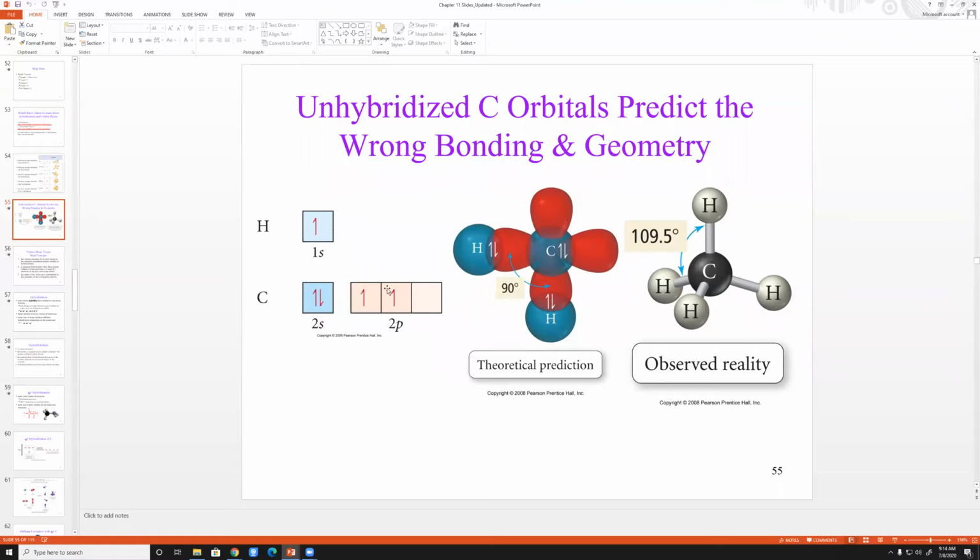So it can accept electrons here and here, and only 2. But that's not true because of hybridization. Like we saw, you'd have 4 separate hybridized orbitals, sp3, so then it can actually accept 4 hydrogens, which is the observed reality right here. And then you'd have a tetrahedral methane molecule that we learned about.